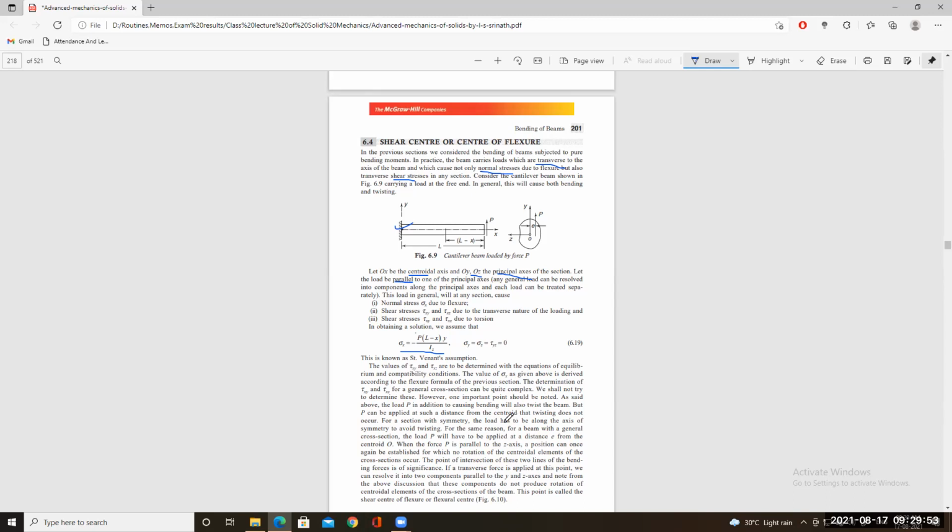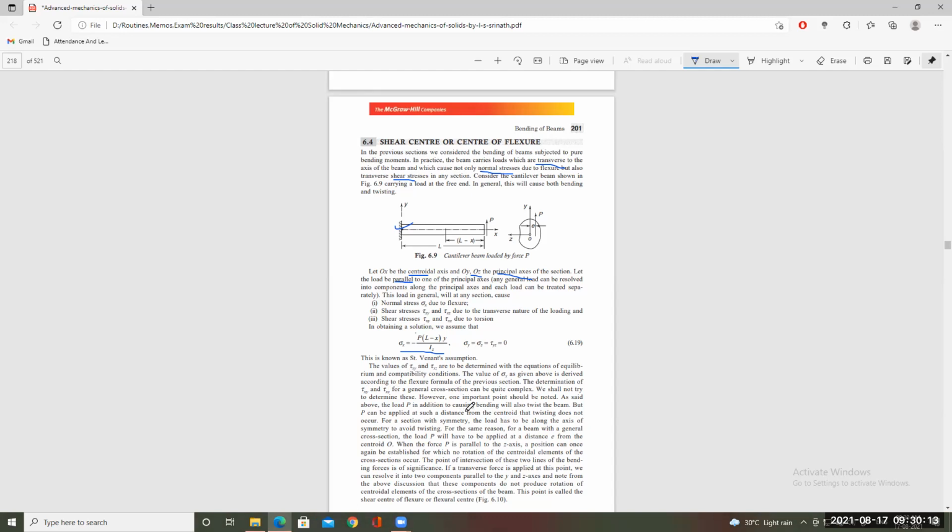Now, the determination of tau xy and tau xz for a general cross section can be quite complex. Although they exist, for a general cross section the equation is difficult, so we are not going to do it.